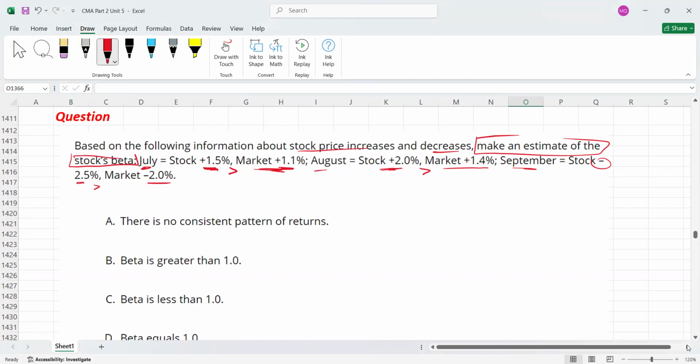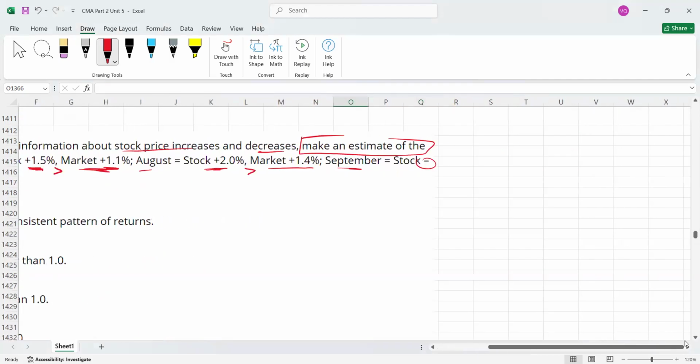I told you there are three types of beta values. If beta is 1, I'm repeating the interpretation. Let's assume this is the stock of a specific company, A, and this is the market. Beta is always for an individual security, and beta always measures the risk, the volatility, as compared to the market.